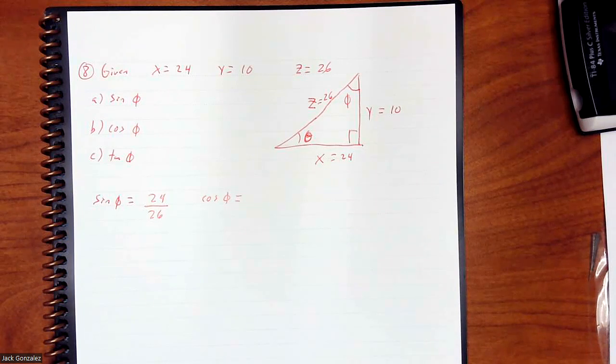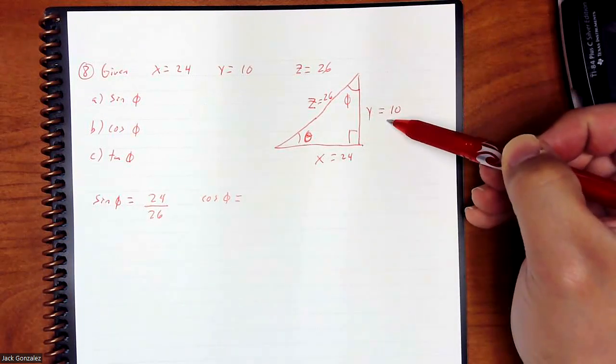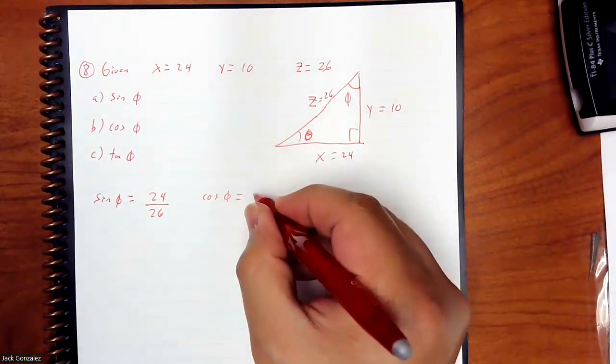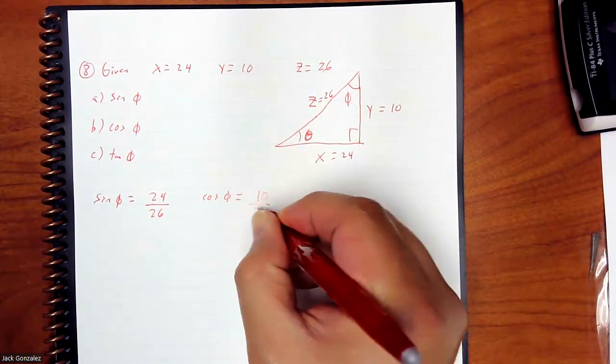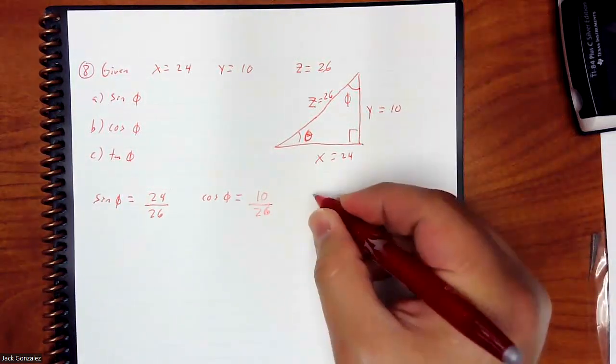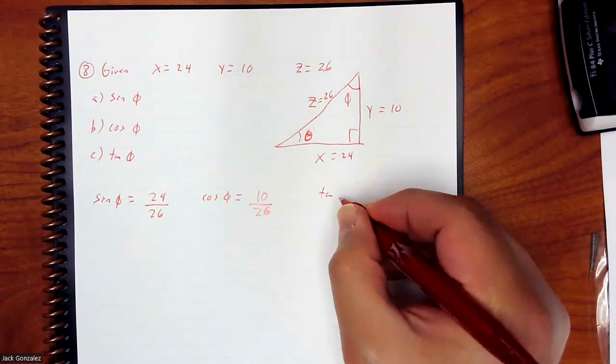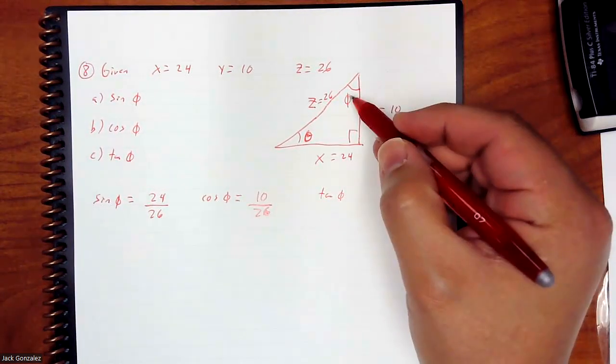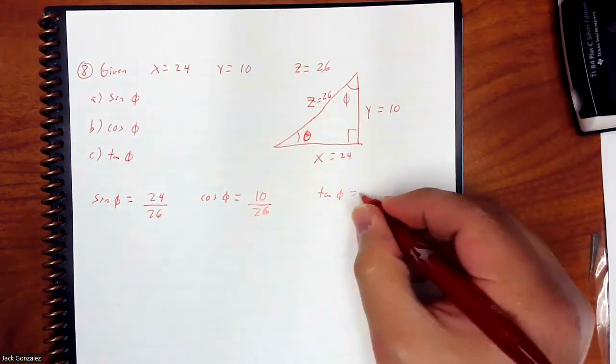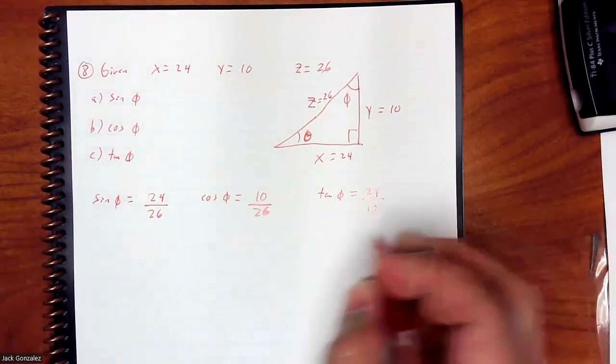Cosine phi: I'm up here, adjacent is now there. So this will be 10 over 26. Tangent phi would be opposite over adjacent, so that'll be 24 over 10.